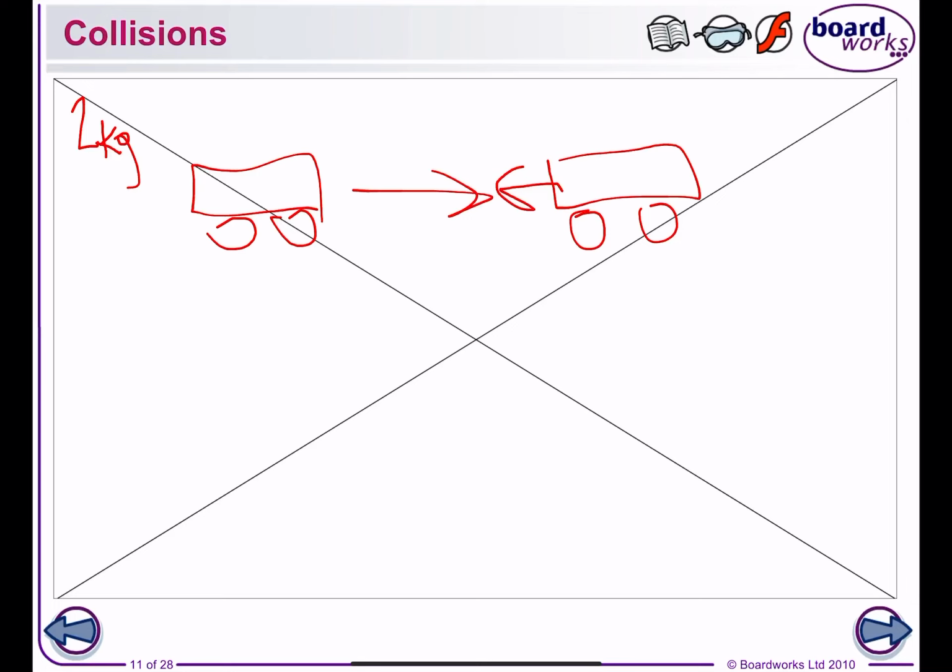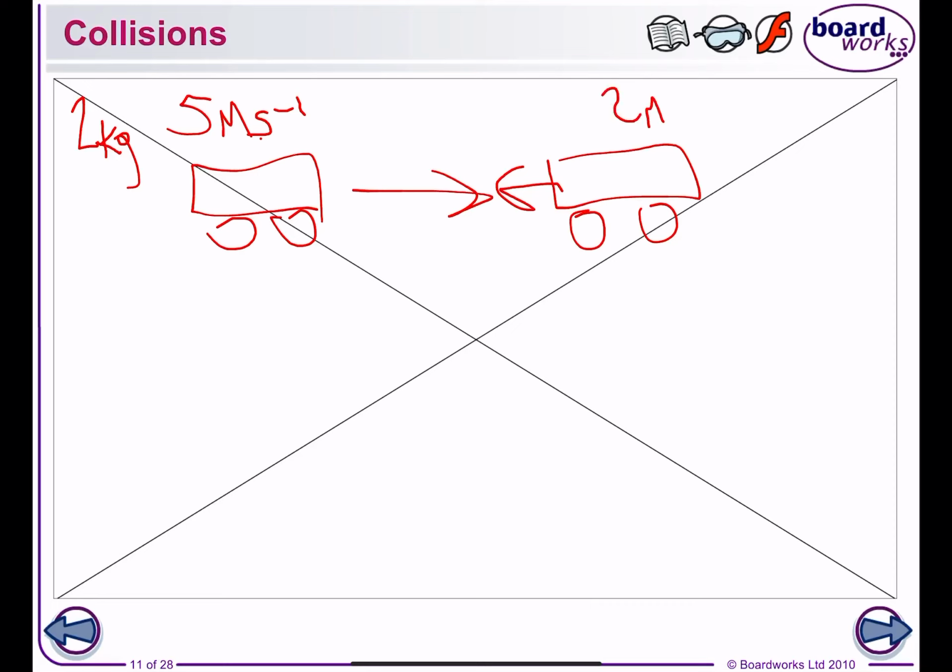And they had different speeds. Let's say this one was 5 meters per second, okay? And this one here was going at 2 meters per second. Apologies, I'm doing this with my fingertips, so it's not looking too good.